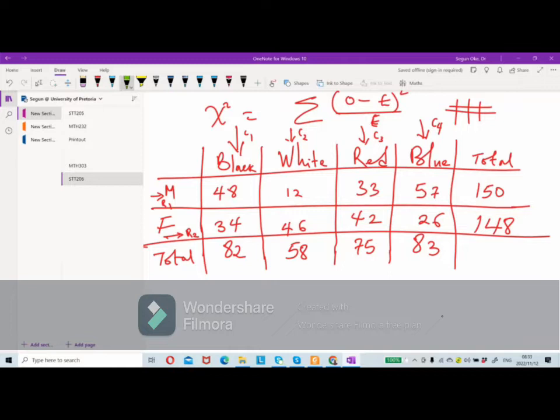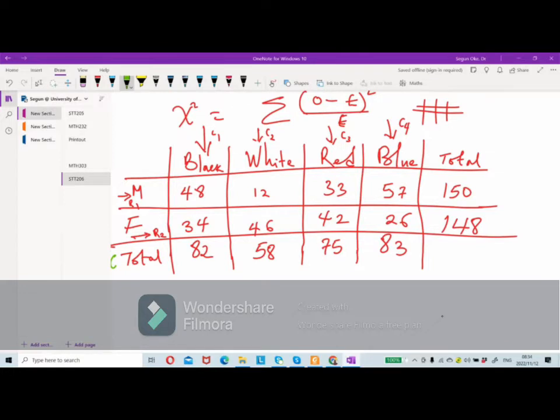So now, can you add all the columns together? This one, 82 plus this, plus this, plus this. What is the answer? This is what we call the column total. Both of them are 298. Now, wait, let me just explain to you. We have what we call the column total, this is CT.